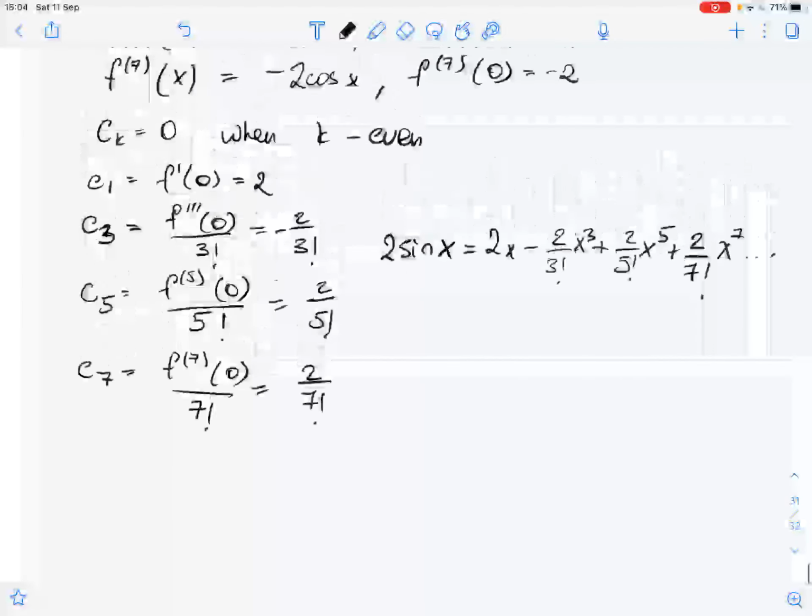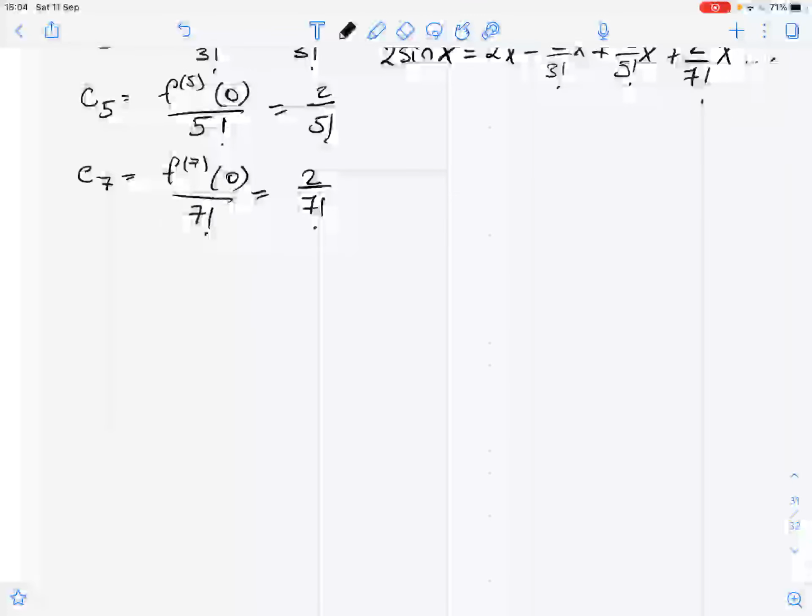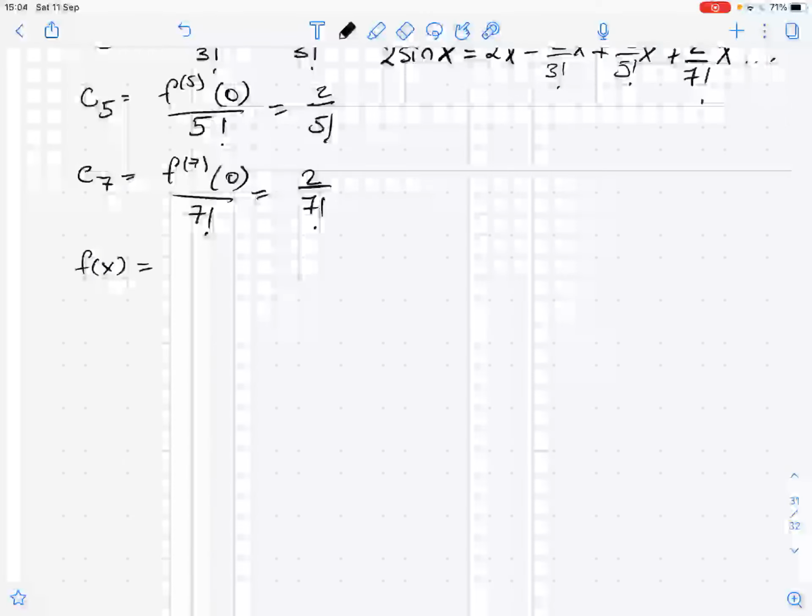and so on. Then now to find the Taylor series of the given function, we need to add these two Taylor series which we have found.